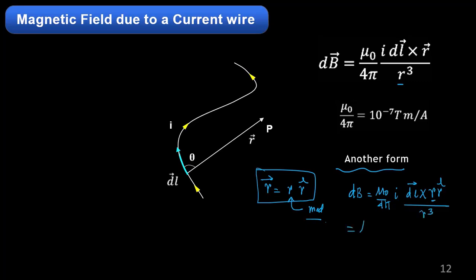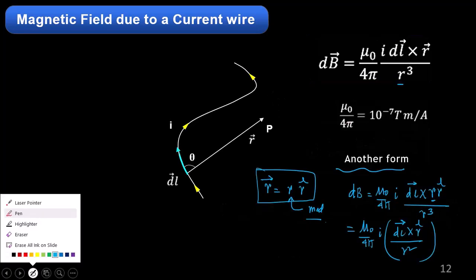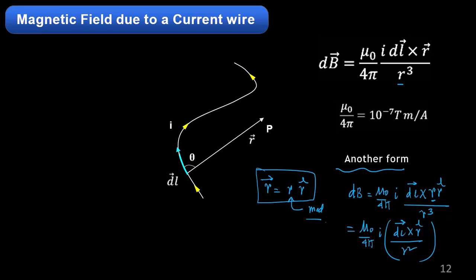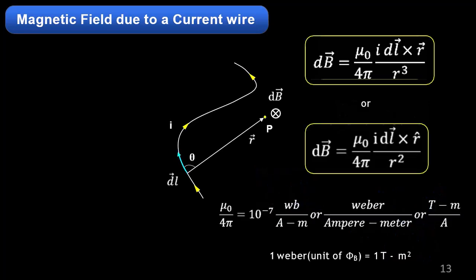So ultimately we are left with mu naught by 4 pi I into dl vector cross r cap divided by r squared. So this is another way of writing the Biot-Savart law in the form of a unit vector. In the numerator I am doing the cross product of dl cross r cap, and the denominator becomes r squared.